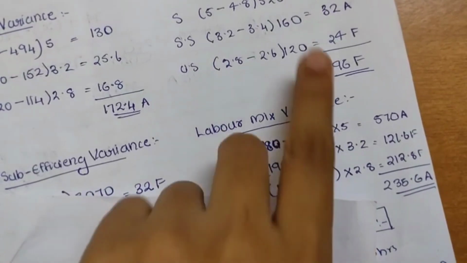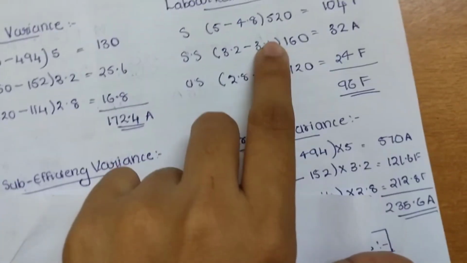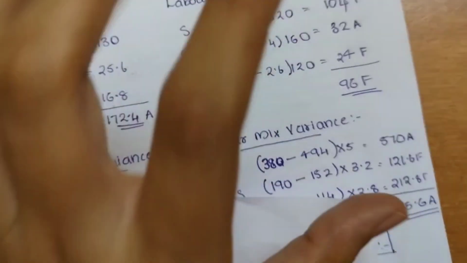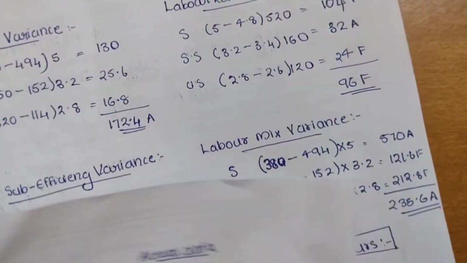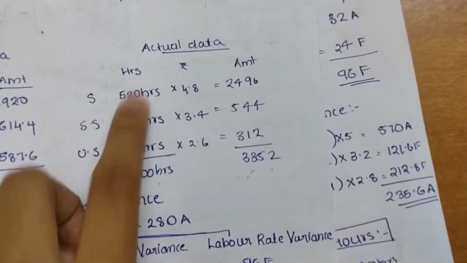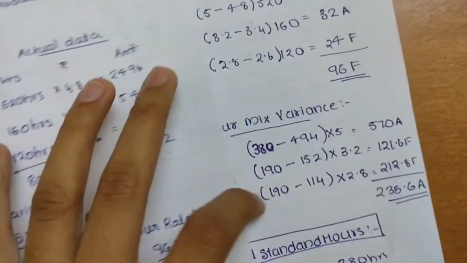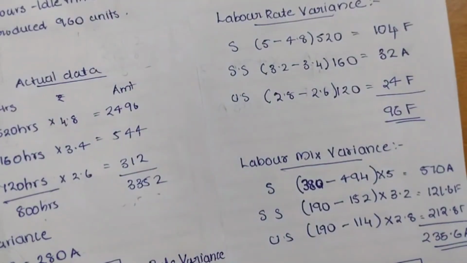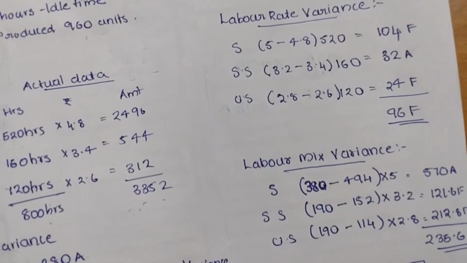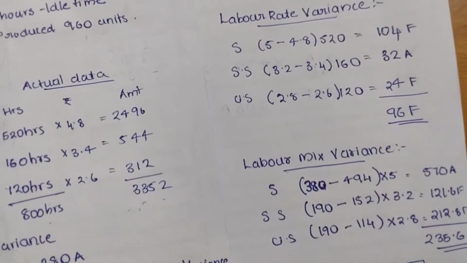So in that case, in labor rate variance, we have to consider the actual hours which was there in the beginning of this video. That means this is the hours we have to take once we calculate labor rate variance. Once again I'm telling this point: in the case of labor rate variance, we have to take actual hours.